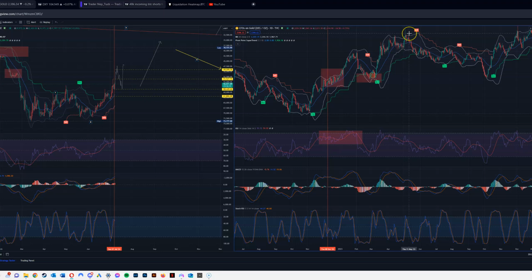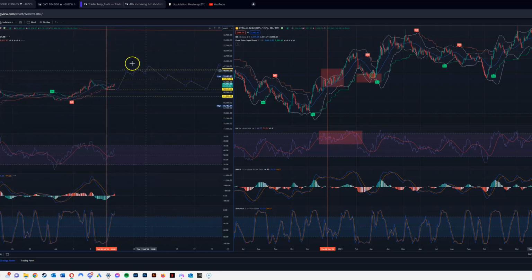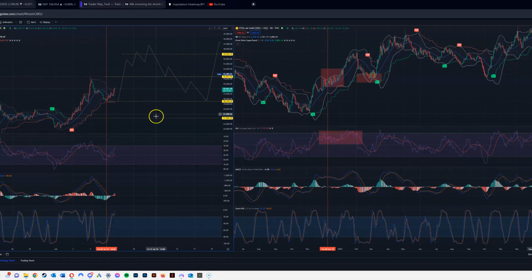Then we make our way back up on the daily, and then another retrace, and so forth. So this week we're going to start the week off red, at 48K, and it will slowly come back down to retest the 58K. So be careful out there buying the dips, guys.